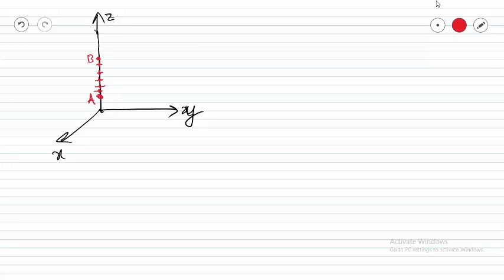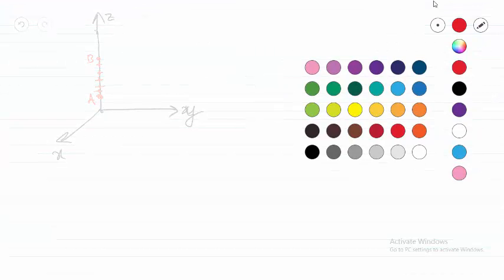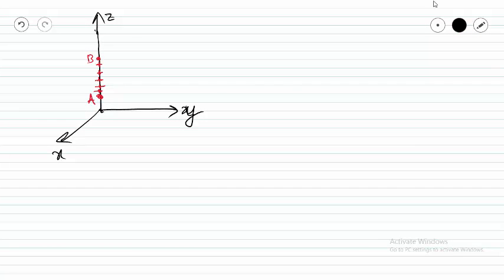Now let us consider a point P where we would like to find the electric field intensity. This is the point of interest, which is some x comma y comma z. At this point I would like to find the intensity of the electric field due to this finite line charge distribution.